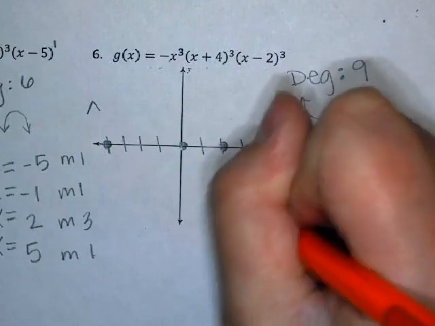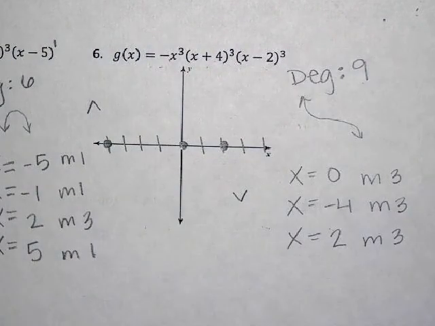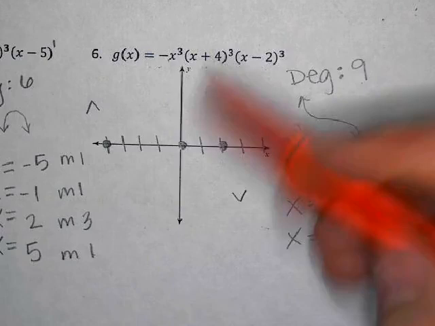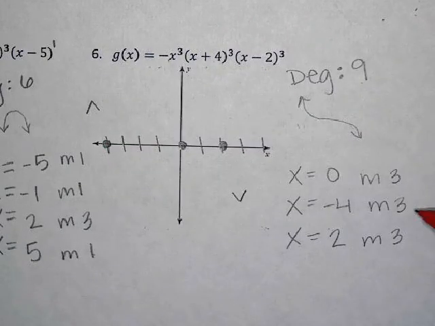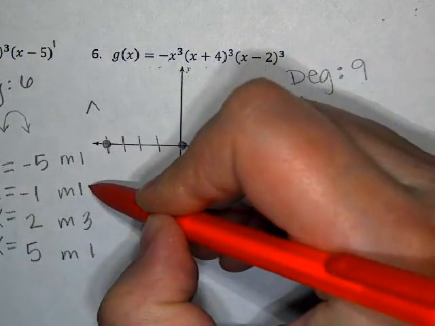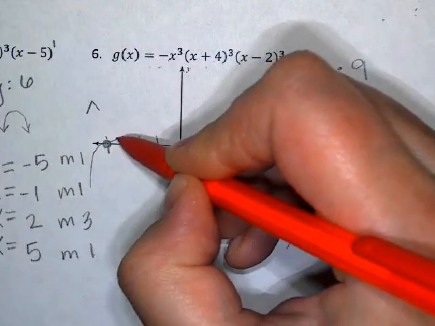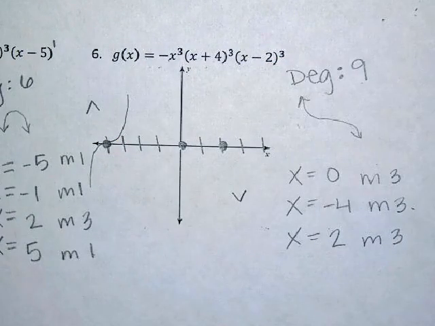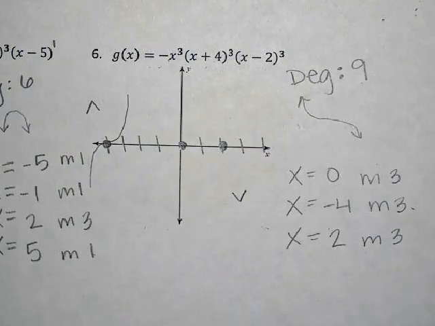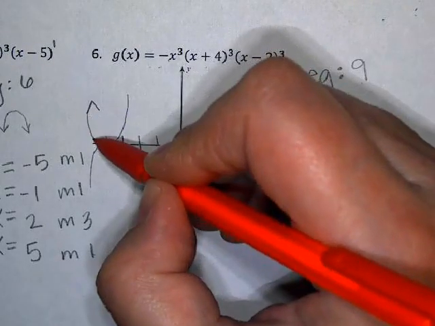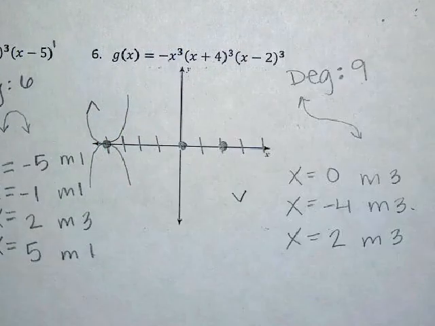All right, first thing. So for -4, we got a multiplicity of 3. Should we go up, level off, go up to connect to the arrow? Or should we go down, level off, go down? Go down, level off, go down. Okay. So down, level off, go down. All right.